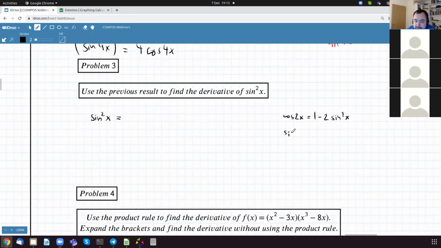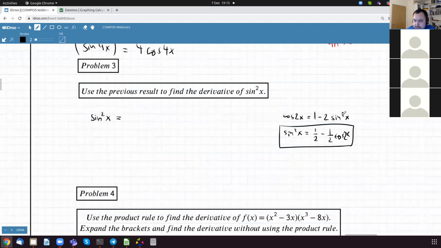So sine squared x is equal to a half minus a half cos 2x. That's a very important identity. I hope no one has a problem with this. I'm just rearranging to get sine squared x is 1/2 minus 1/2 cos 2x.